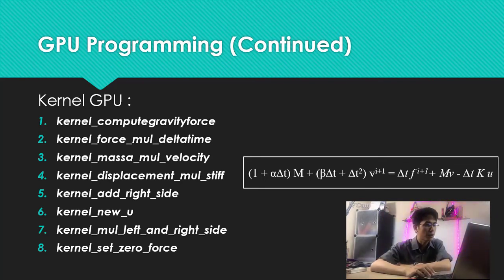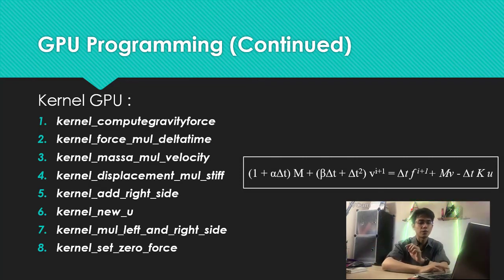So the first one is you need to compute the gravity force, and the next one is force multiplied by total time, and the third is mass multiplied by velocity, and the fourth is displacement multiplied by the stiffness, and the fifth is you need to compute the right side of the solver.